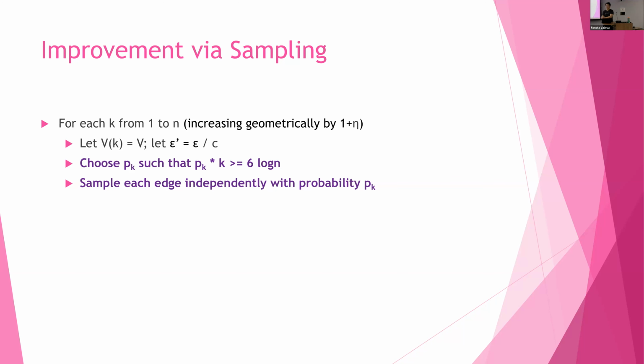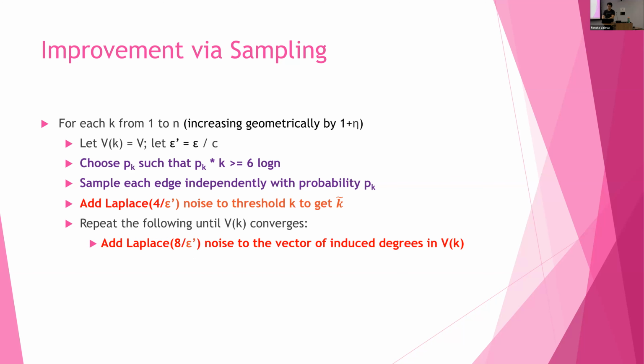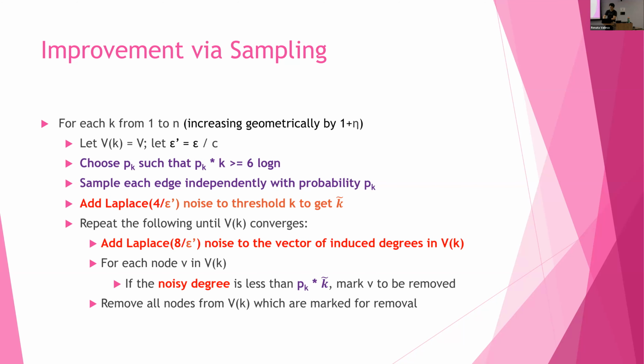And now we sample each edge with probability p_k. And now the remainder of the algorithm will be the same. You add Laplace noise using the sparse vector technique, and the only difference now is that you compare the noisy degree with this decreased threshold p_k times k tilde, and then after that you use Chernoff bounds to argue that this threshold is a correct one.